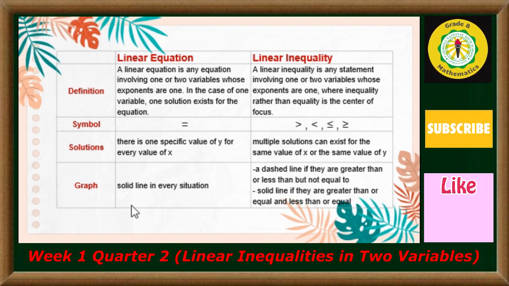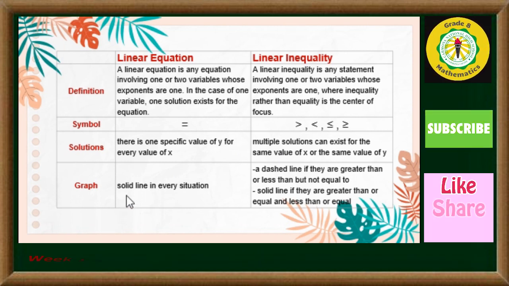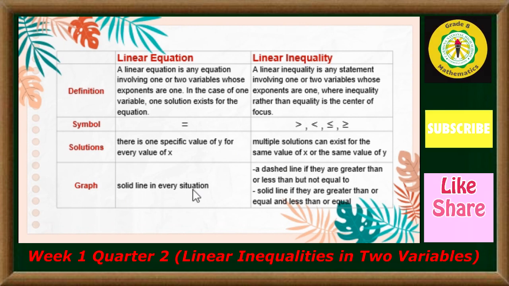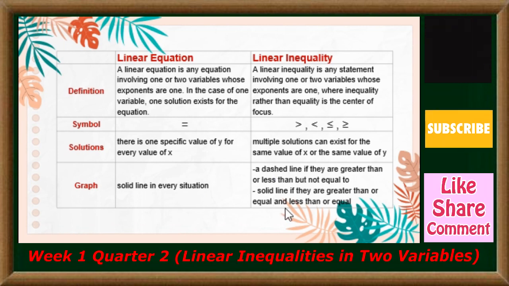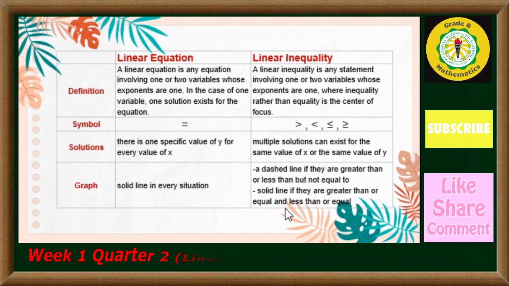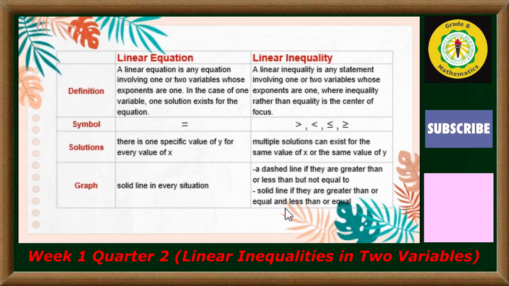And for the graph, linear equation, solid line in every situation. While linear inequality, a dashed line if it is greater than or less than but not equal to, and a solid line if it is greater than or equal to and less than or equal to.